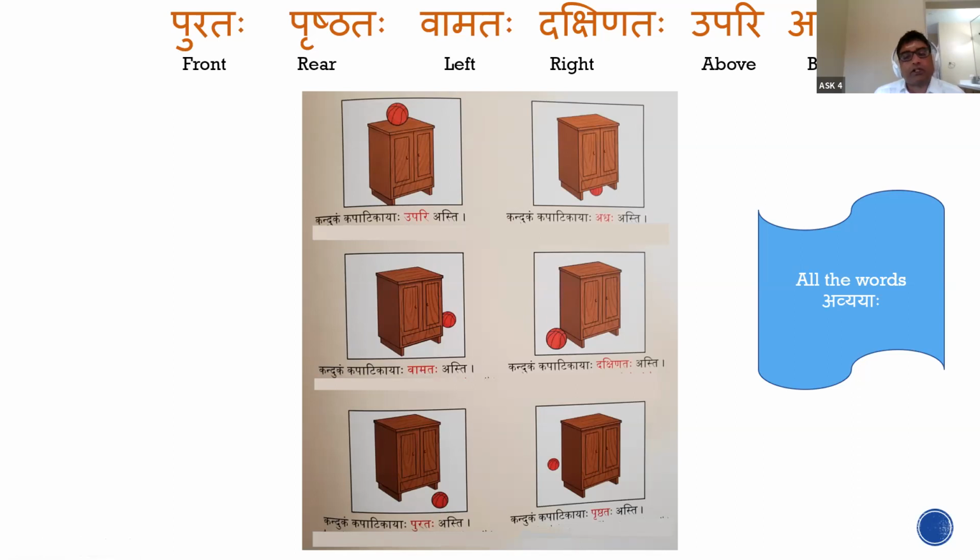Shivasya vamataha Parvati upavishati. So at the left of Shiva, Parvati is sitting. Okay, so left of whom? Shiva. Suppose this is Shiva, Parvati will be here. So if you remember that, this cannot go wrong. These are all simple because there is no doubt. Purataha, Prishtataha. Okay, so I'm not going to.